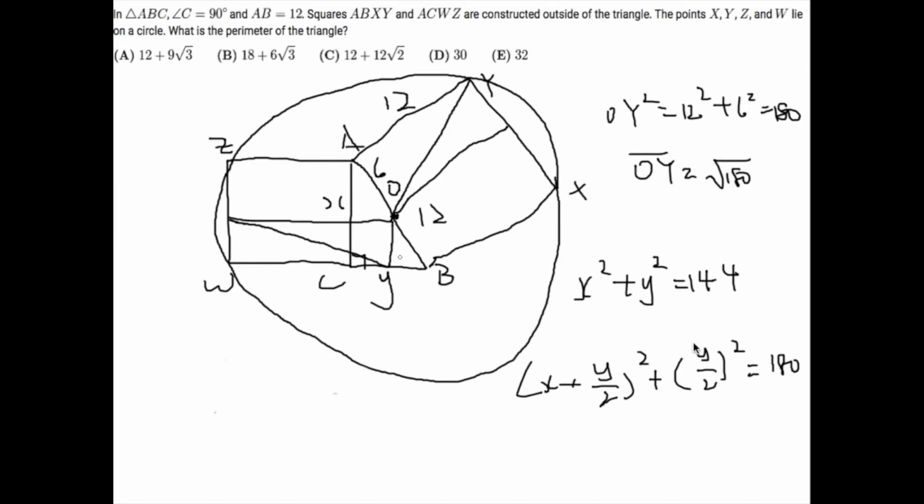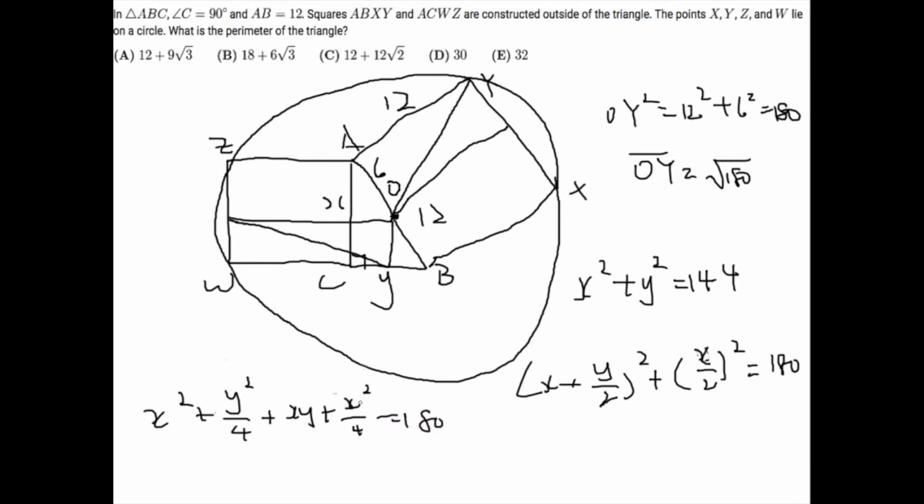Wait, no, this is actually going to be x over 2. And if we simplify this, we get (x squared plus y squared) over 4 plus xy plus x squared over 4 is 180.